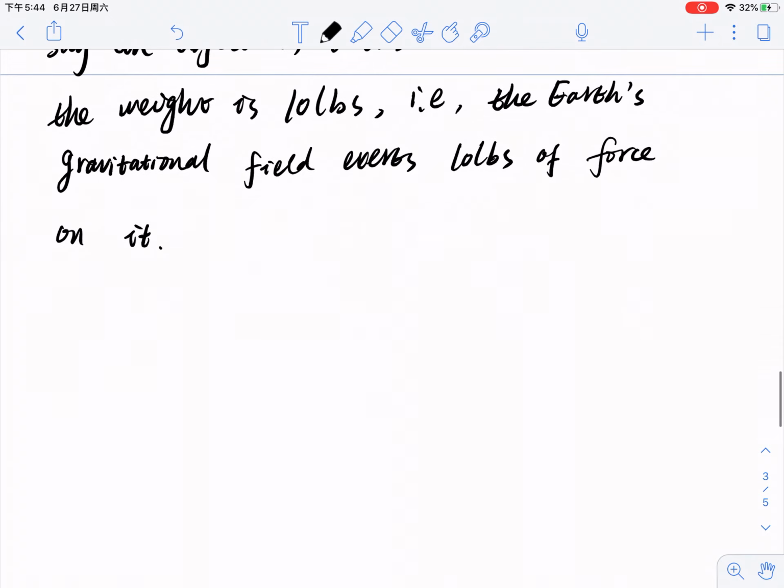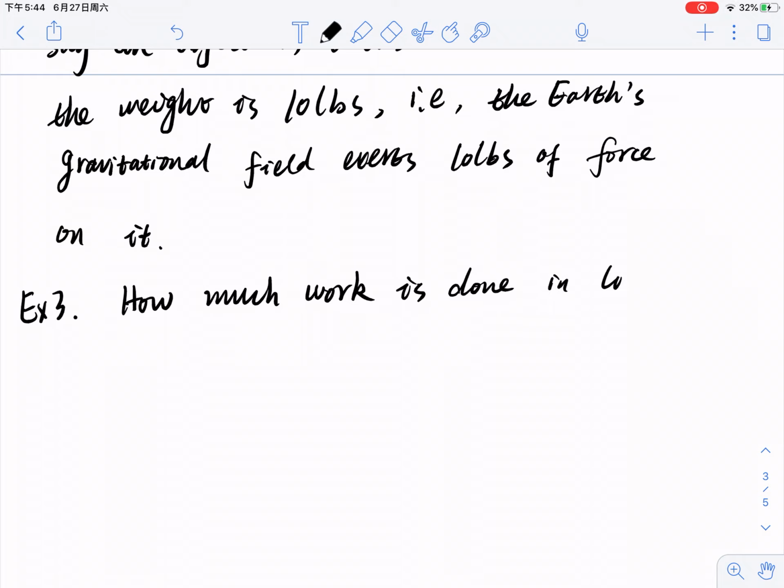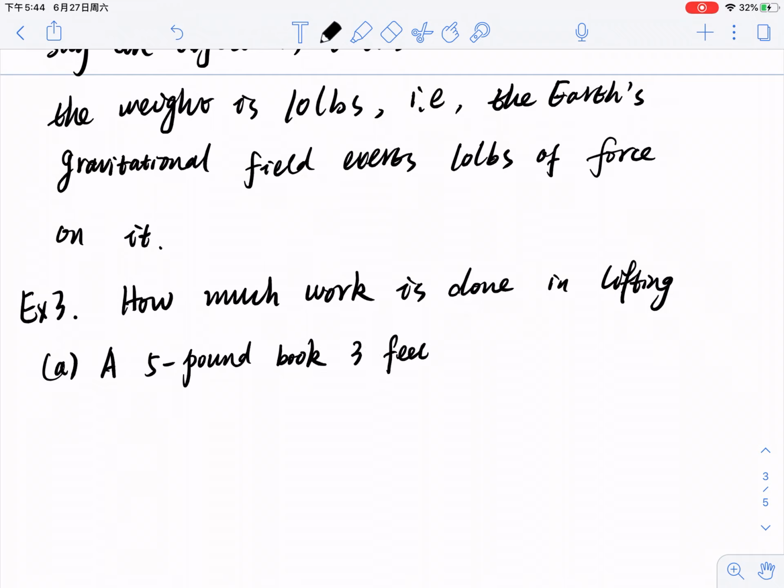So next we look at an example. How much work is done in lifting A, a 5-pound book 3 feet off the floor?